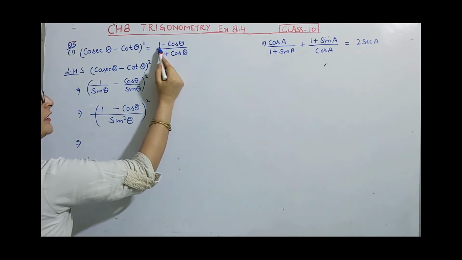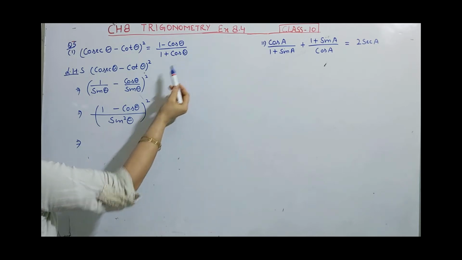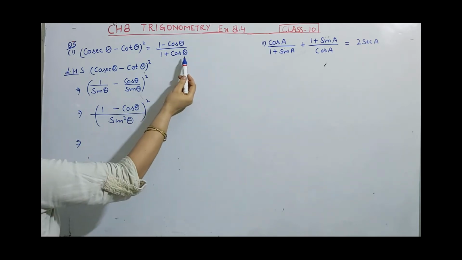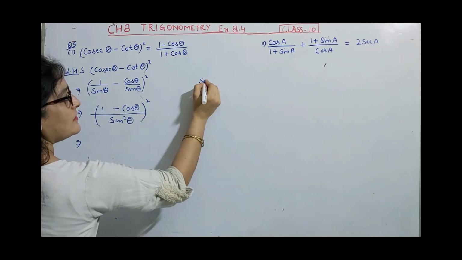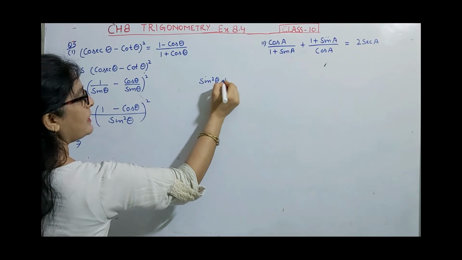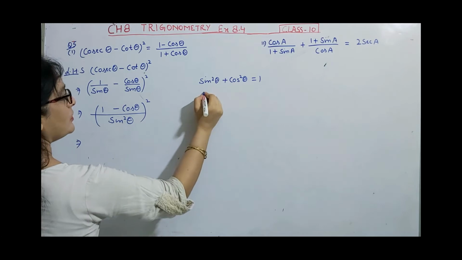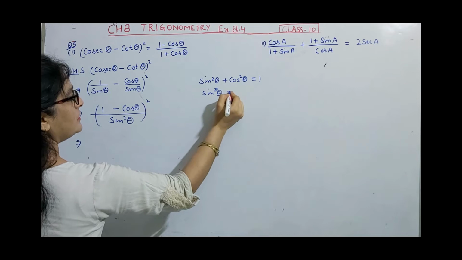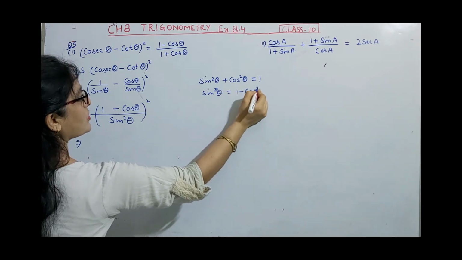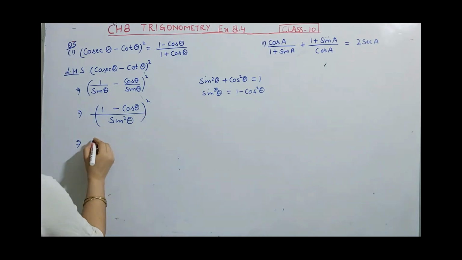On the numerator here we have 1 minus cos theta, the same as in the left hand side, but in the denominator we have to change sin theta in terms of cos theta. So our first identity is sin square theta plus cos square theta is equal to 1. It means sin square theta is equal to 1 minus cos square theta. Like this, we convert sin in terms of cos.